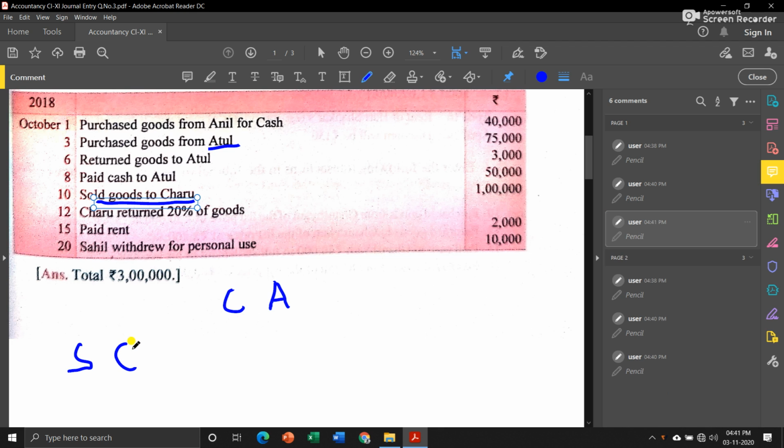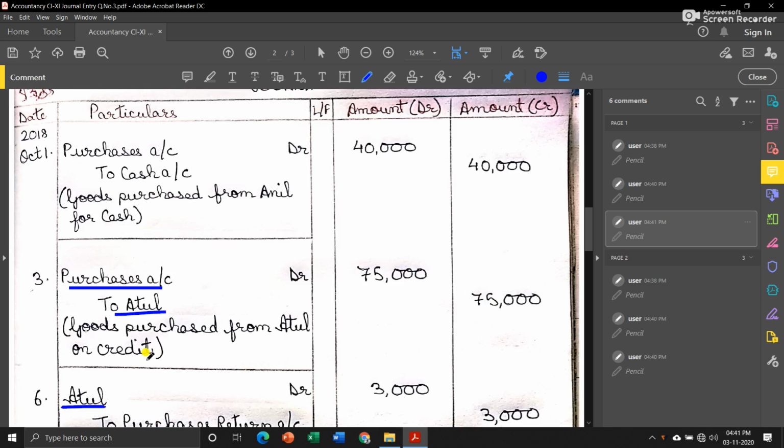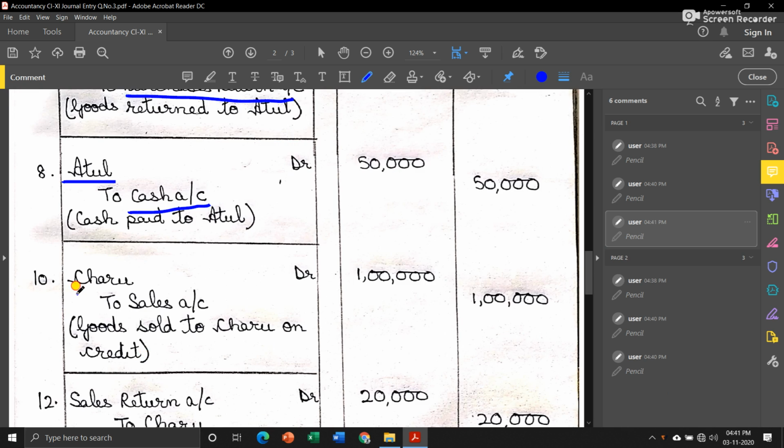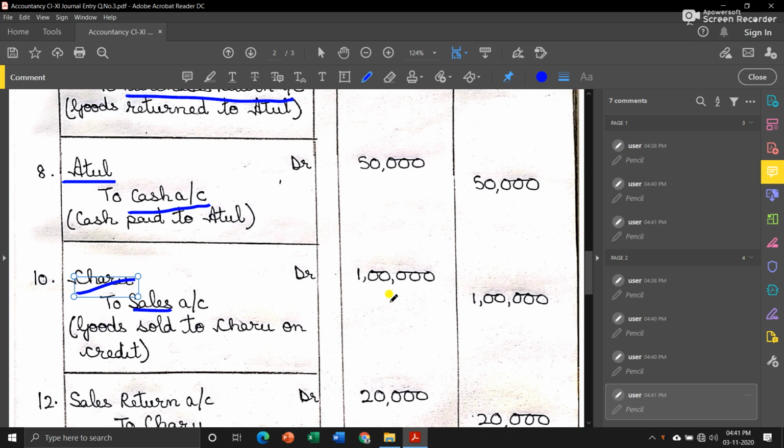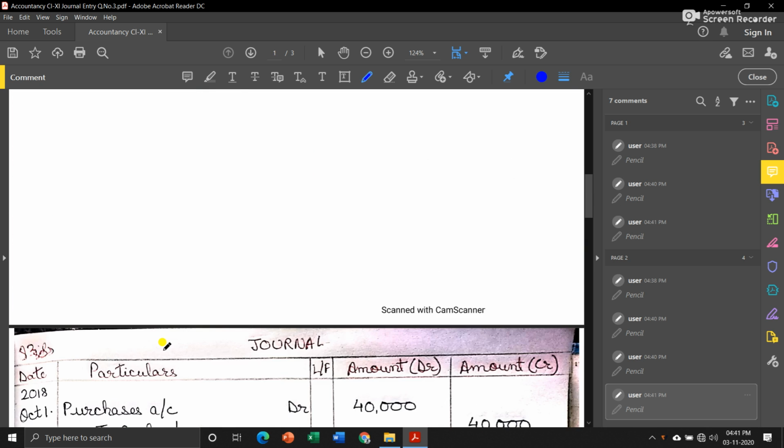So when we sell goods, Charu, she is receiving those goods, so according to the personal accounts rule, debit the receiver. So we will debit Charu's account, and sales is the opposite of purchases account, so you have to remember that purchases account is debited and sales account is credited. So we wrote to sales account rupees 1 lakh, goods sold to Charu on credit is our narration.